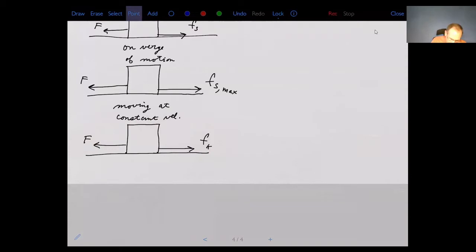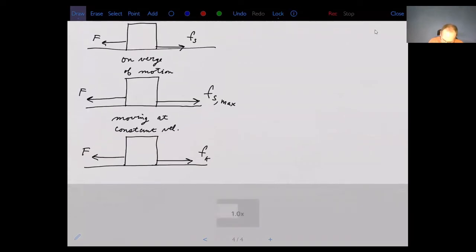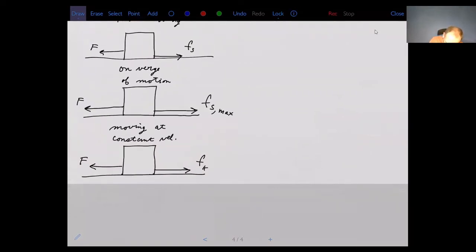Okay, now there are some models for frictional forces, and it turns out that you can model Fs max and Fk as being proportional to the normal force. And the proportionality constant we usually use is mu. So for the static frictional force, we use mu s, times the normal force.